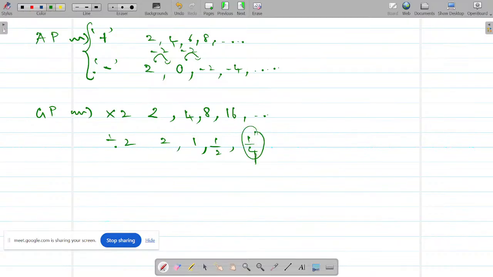How do you get this 1 by 4? 1 by 2 is the earlier term, divide by 2 because I have taken division by 2, so this will become 1 by 4. So these two series fall under geometric progression. These two series fall under arithmetic progression. Whenever we have addition or subtraction, we call this progression arithmetic progression. Whenever we have multiplication and division, we call this geometric progression.